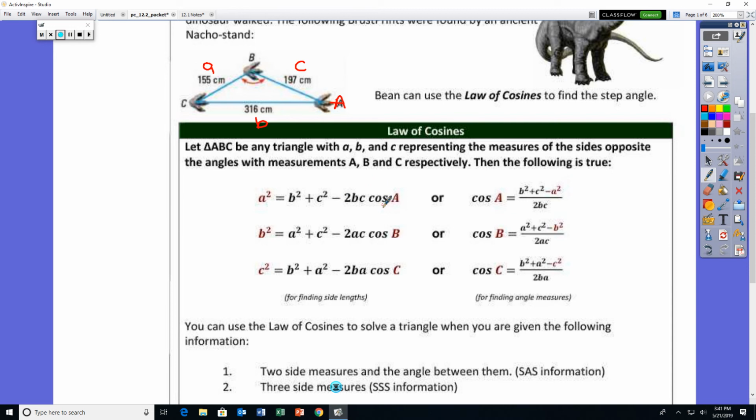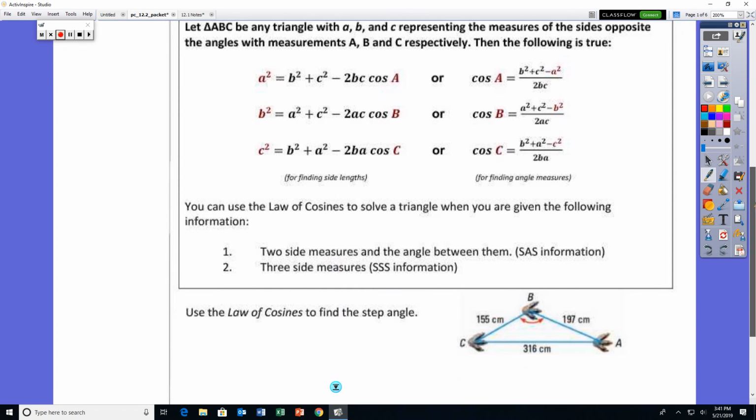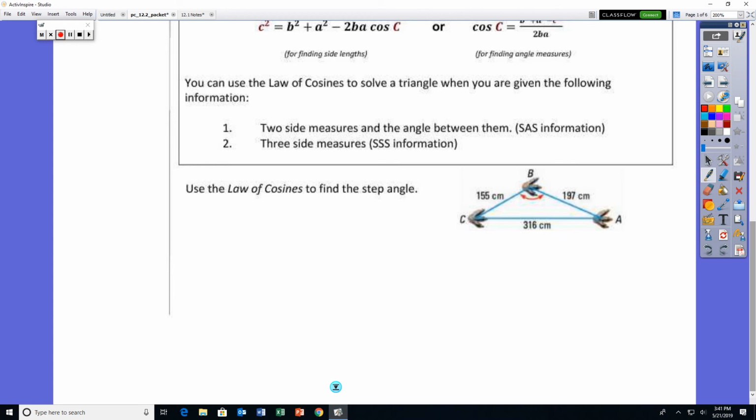That same equation can be used, though, in a different form if we manipulated it around. If I'm trying to find the unknown angle of a triangle, cosine A equals the two known sides, b squared plus c squared, minus a squared, all over 2bc.